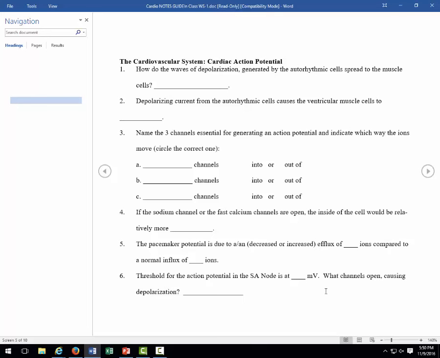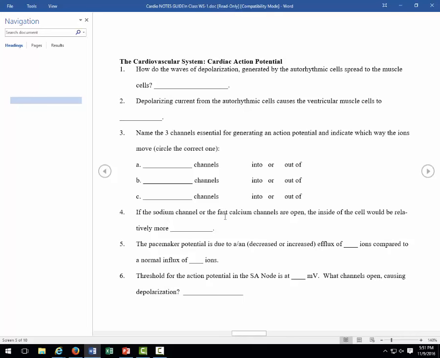So the 3 channels essential for generating that action potential, indicate which way the ions move. So what channels? Sodium channels, the ions move into. Calcium channels, ions move into, and potassium channels move out of.